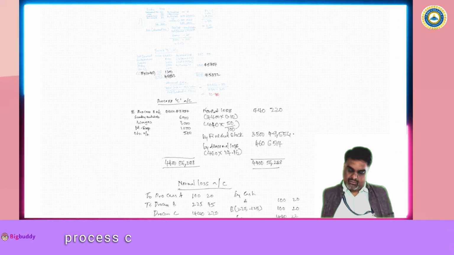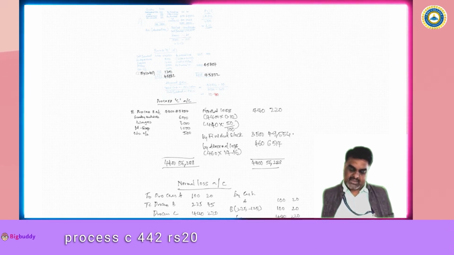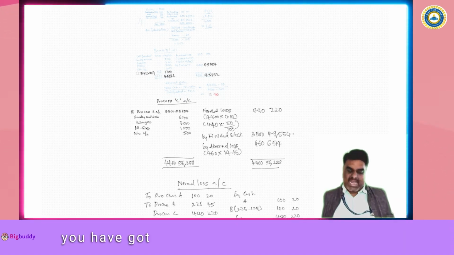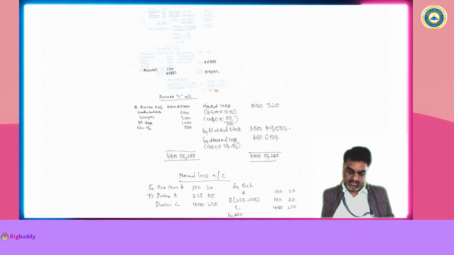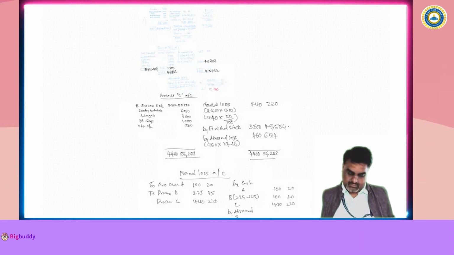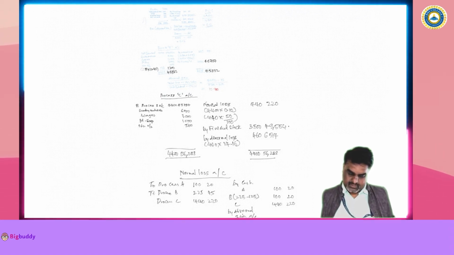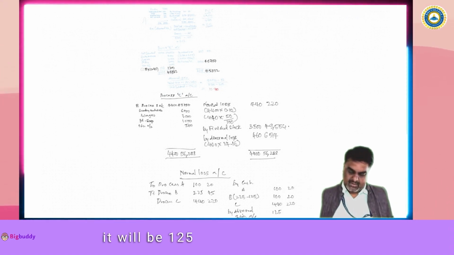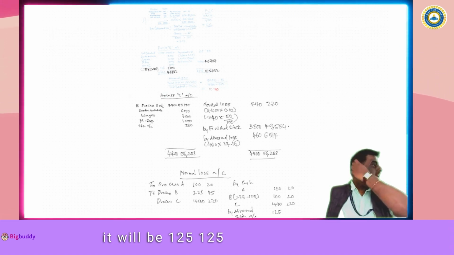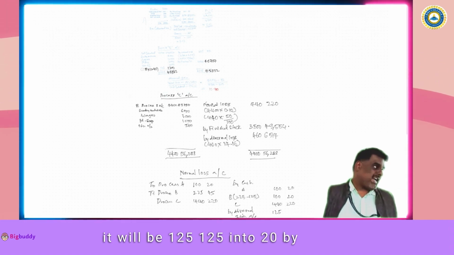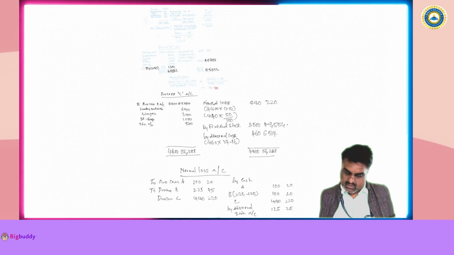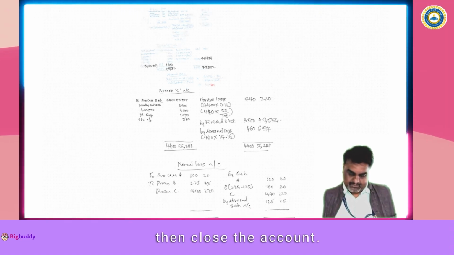Process C, 440, 220 rupees. And that abnormal gain which you have got, transfer it to abnormal gain account. It will be 125 into 20 by 100 unit. You get 25 and then close the account.